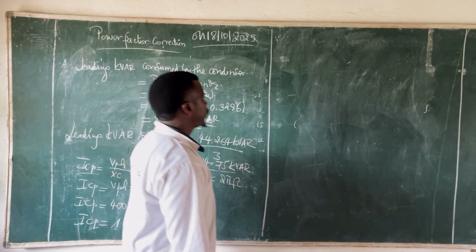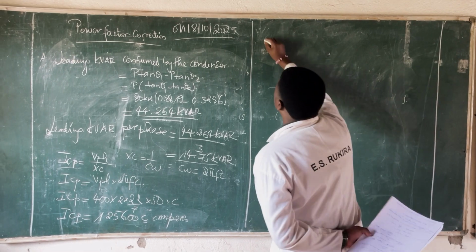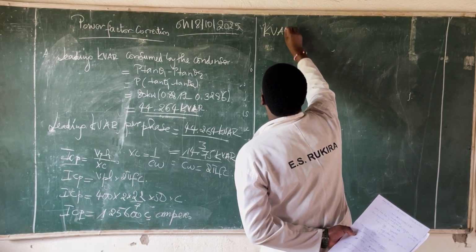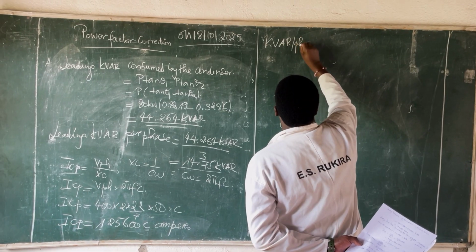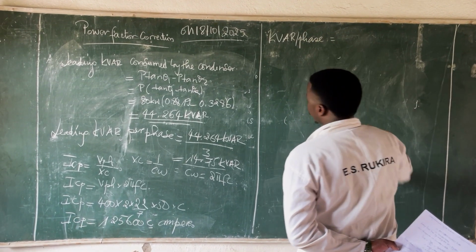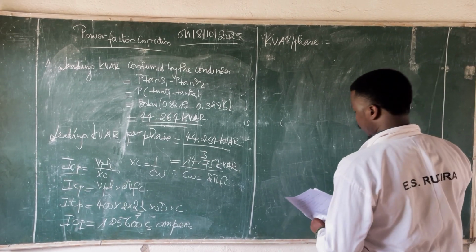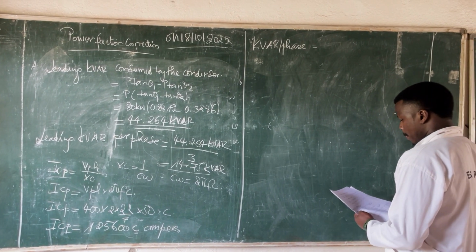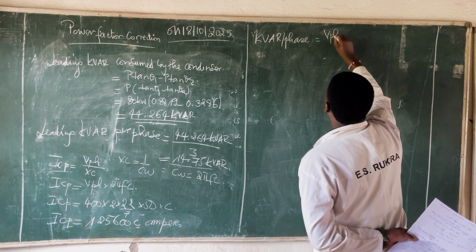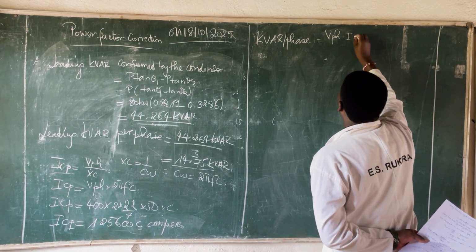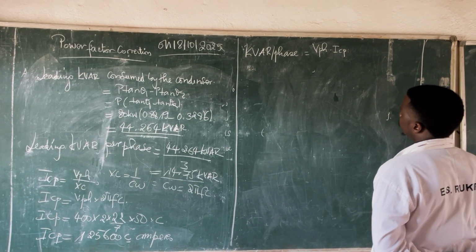Now we're going to search the kVA per phase. We're going to take V times IC. Remember, V phase times IC per phase will be equal to the kVAR.